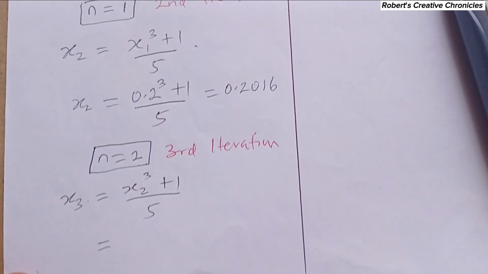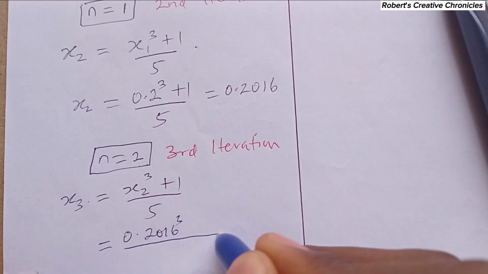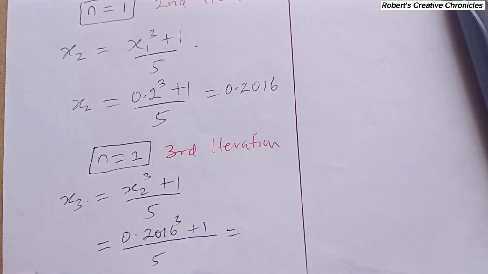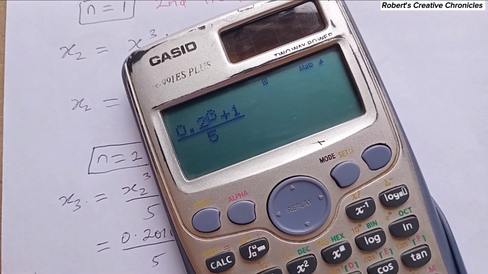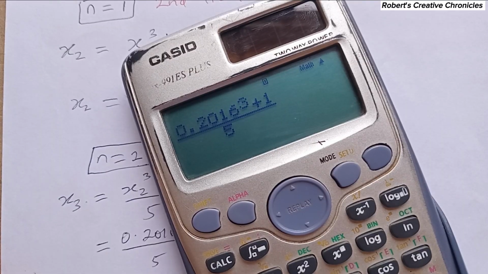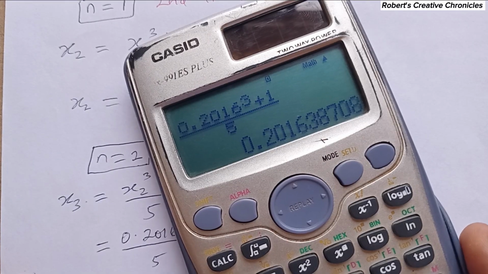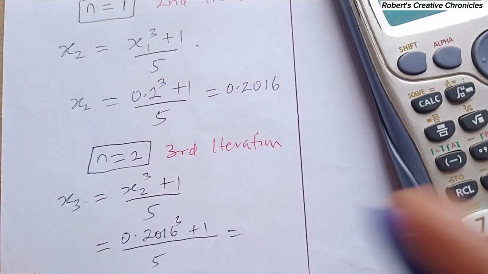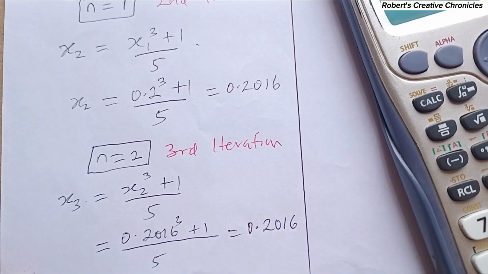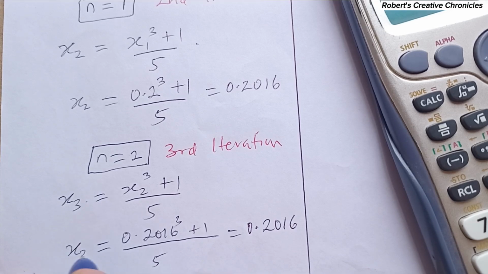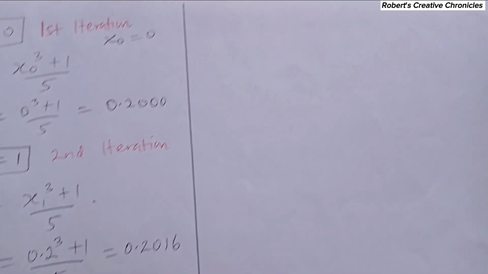This becomes what? 0.2016 cubed plus 1 over 5, which gives 0.2016 again. So it has repeated itself. 0.2016. We can do it one more time to be sure.